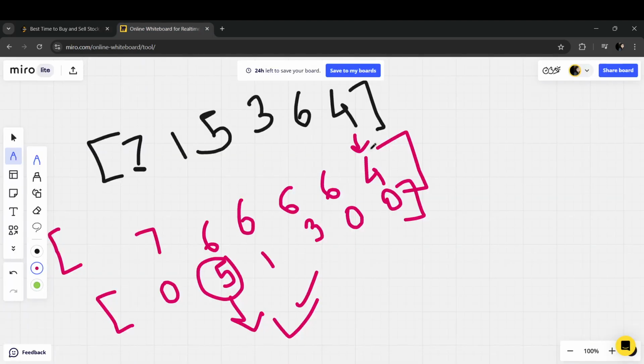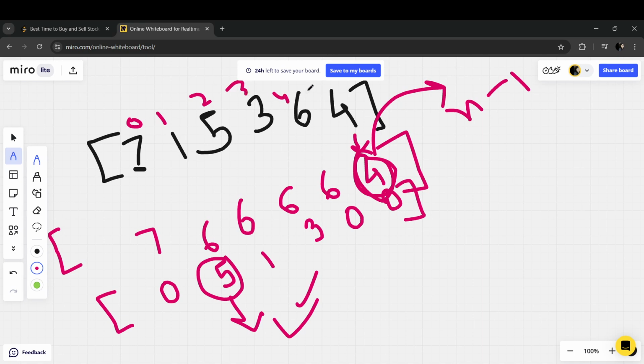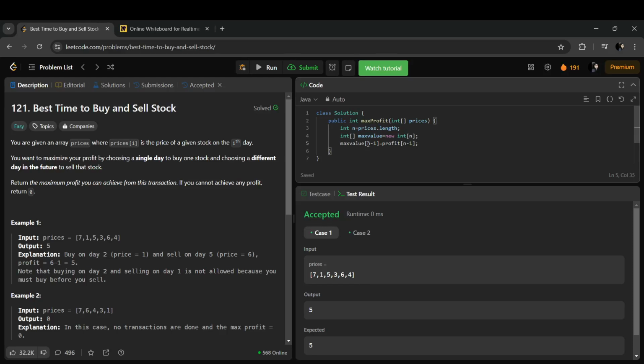As I said, you will keep this. This is your n minus 1. How n minus 1? Because see, this is 0, 1, 2, 3, 4 and 5, and the length will be 6. So you need this n minus 1 so that you can keep that as your max value for right now.